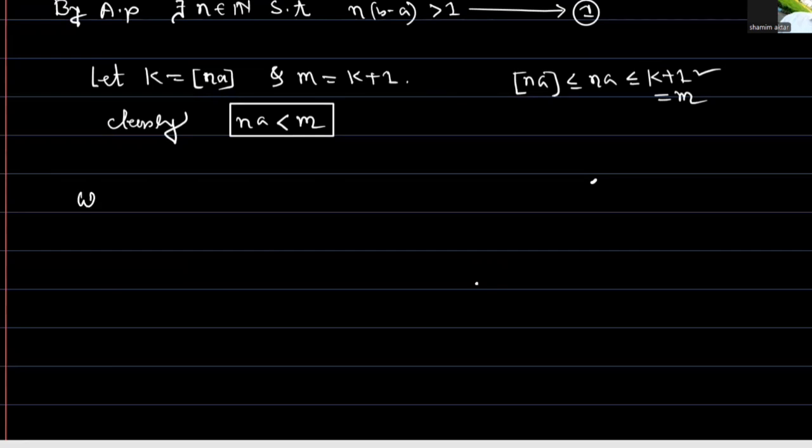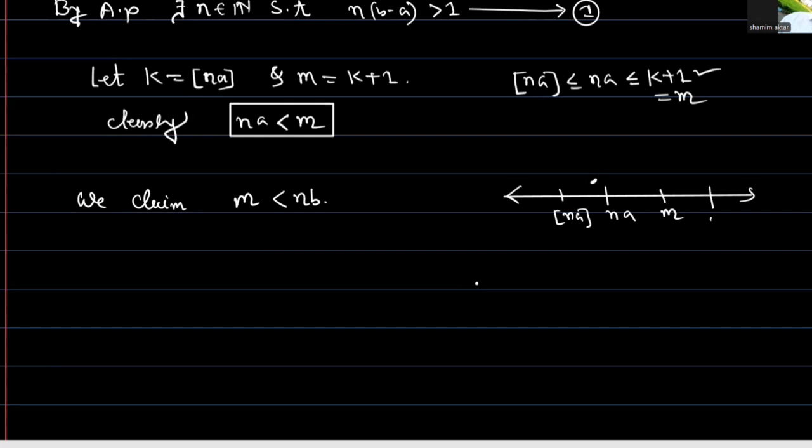Now we claim that m is less than nB. Graphically, this is the real line, with the greatest integer of nA here, nA here, m here and nB here.